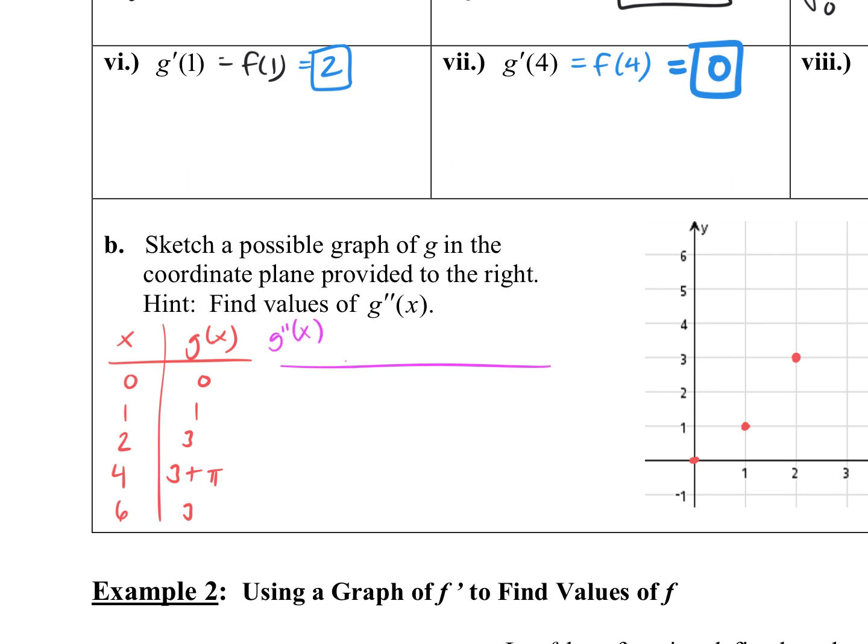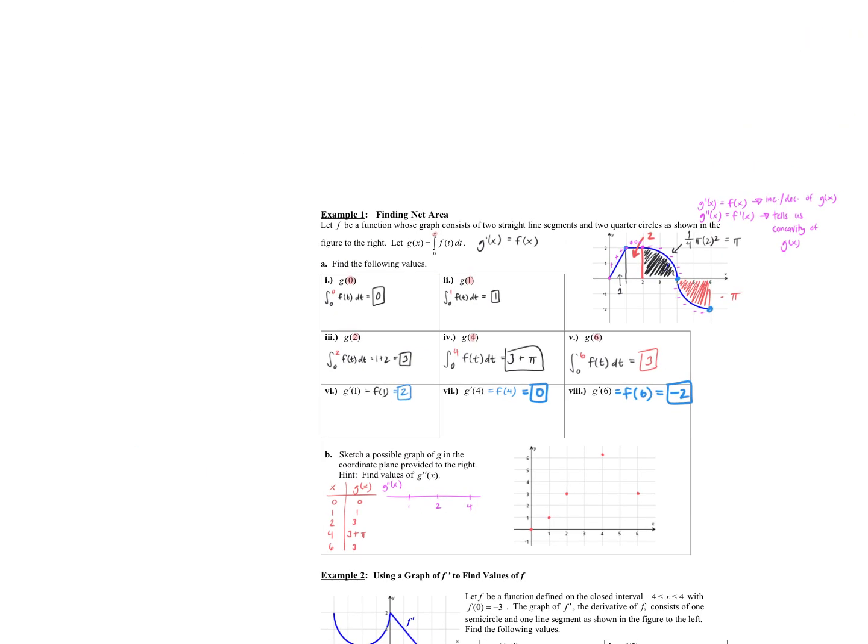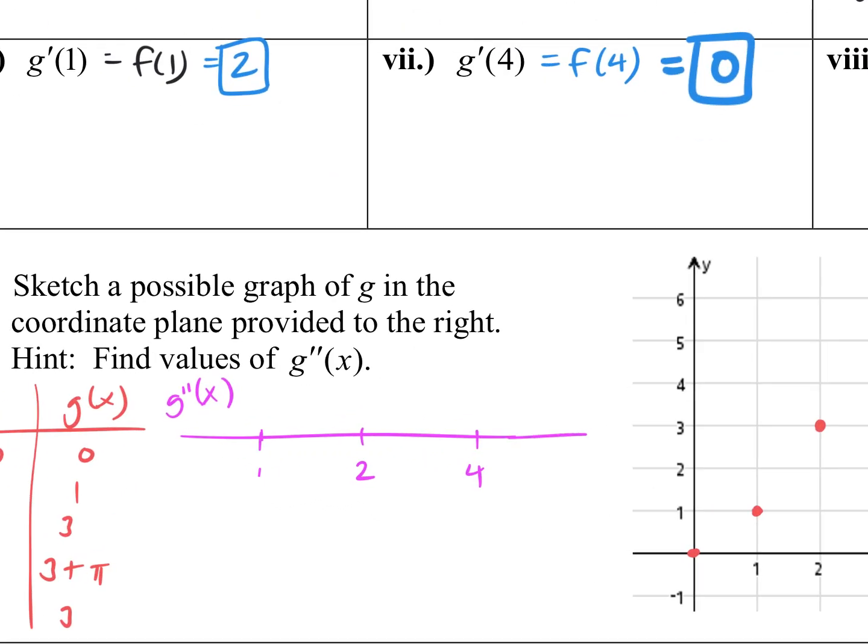So we've got 1, we've got the value 2, and then 4. And then all the way to 6. Okay, so the slopes to the left of 1 were all positive, which means, are we going to have a concave up graph or a concave down? Concave up. When it's positive, it's concave up.